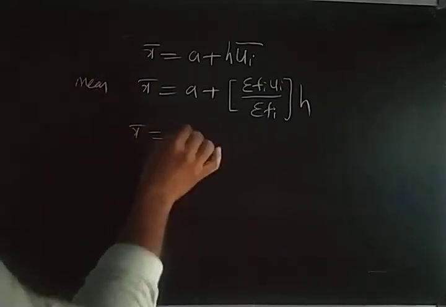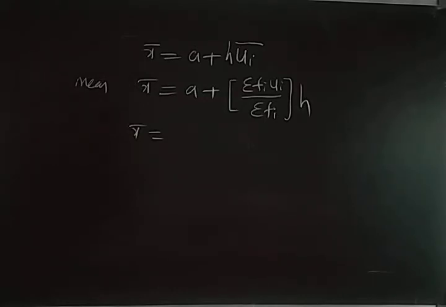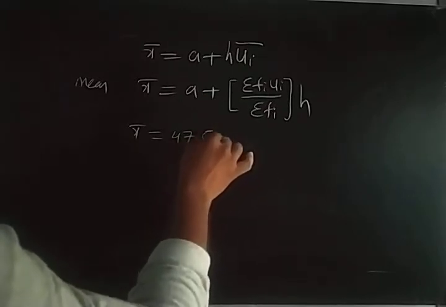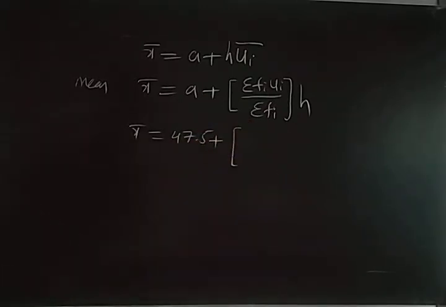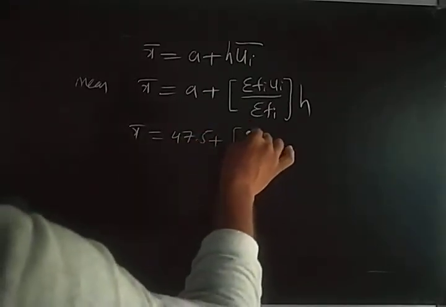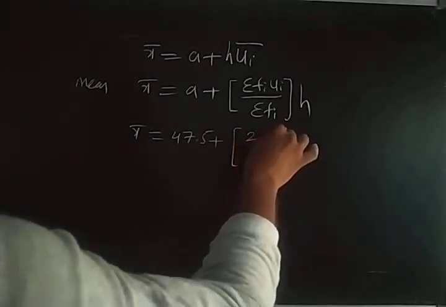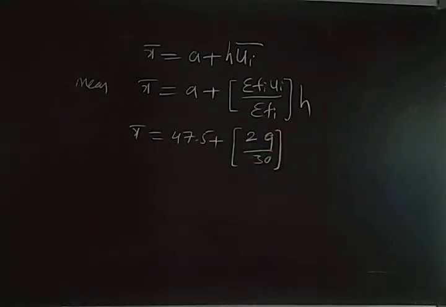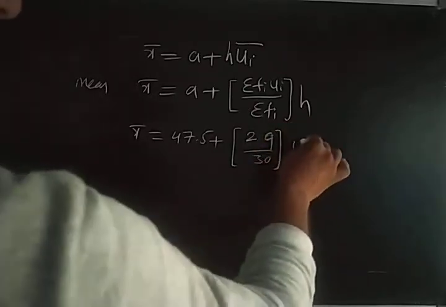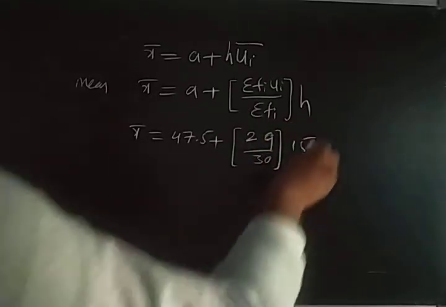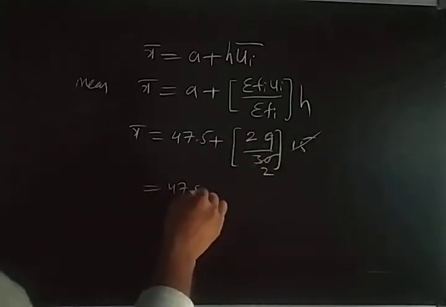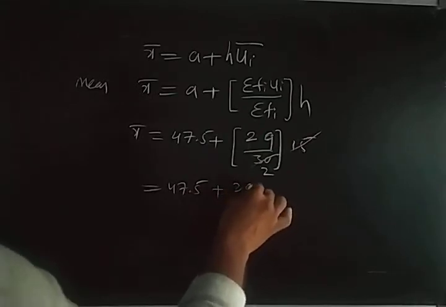This is the mean of the observations. So x bar equal to, what is the a value? A value is 47.5 plus summation fi into ui by summation fi. This value is already found, 29 by 30, into h. H value is 15. 15 ones, so 15 twos are 47.5 plus 29 by 2.